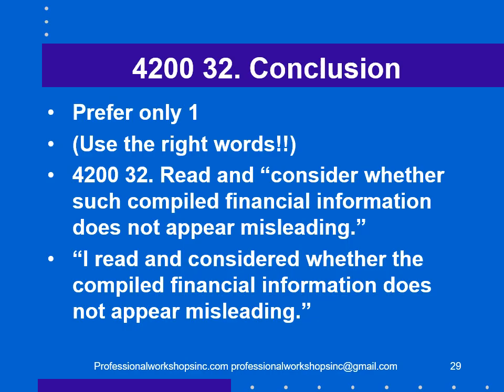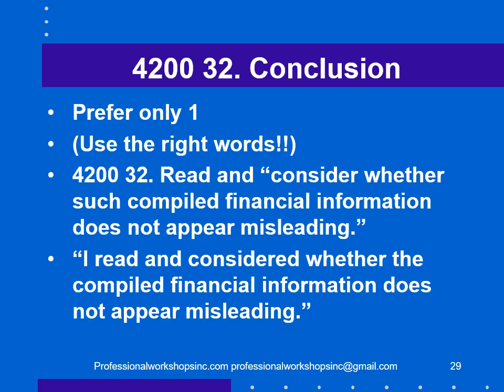32, our conclusion. And I prefer only one conclusion, particularly in compilations and reviews. Don't like that many in audits either, but paragraph 32 provides us with the conclusion, and make sure we use the right words. Because if you use the wrong words in the conclusion, you could imply that you had done some work or developed some level of assurance.